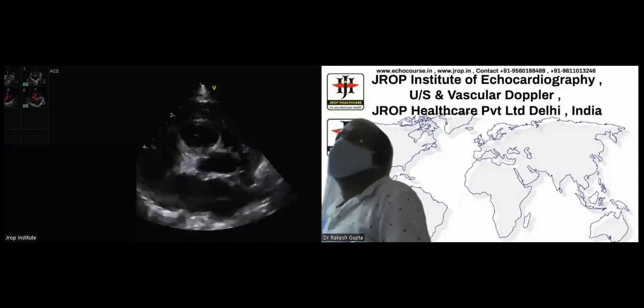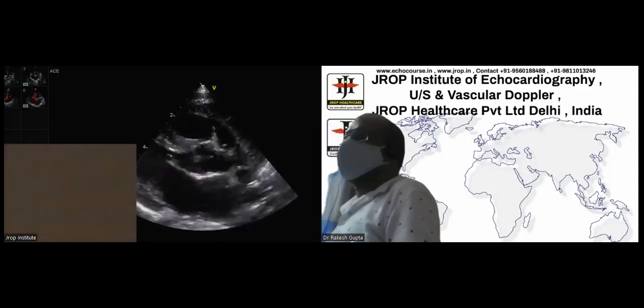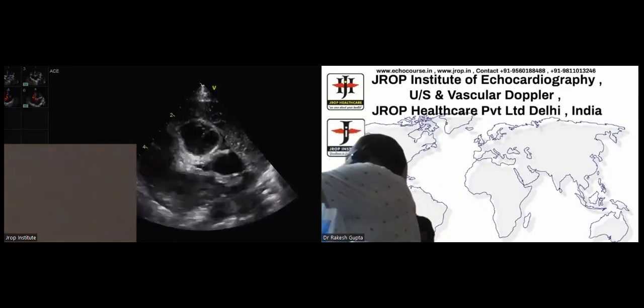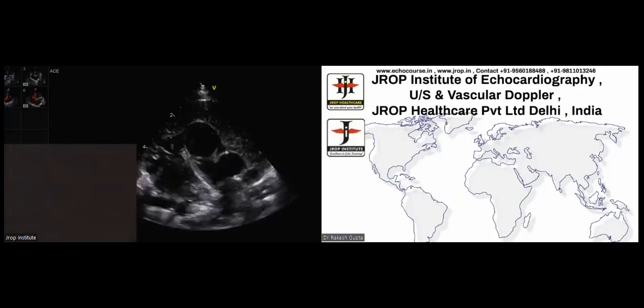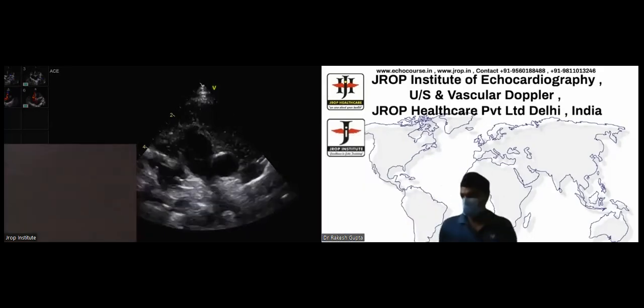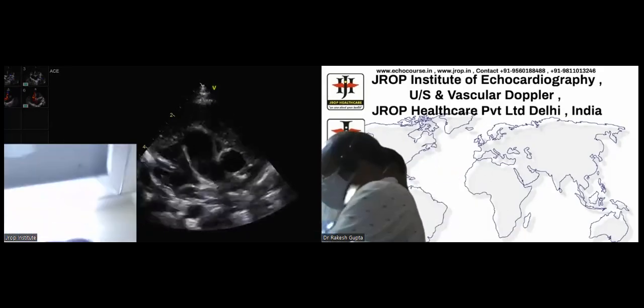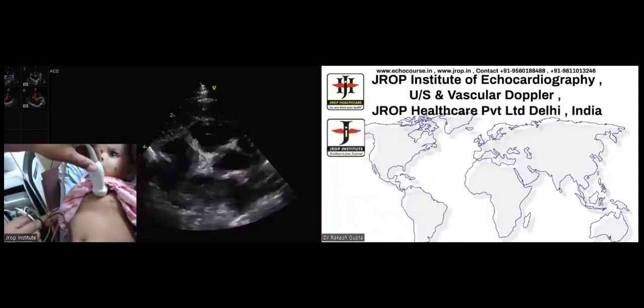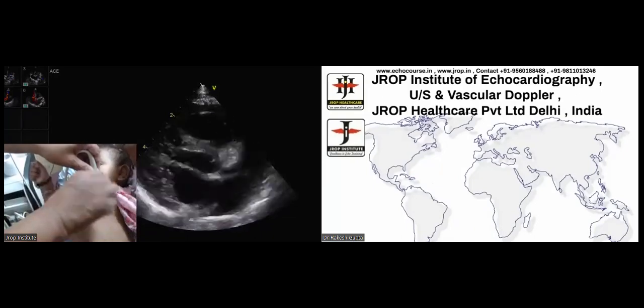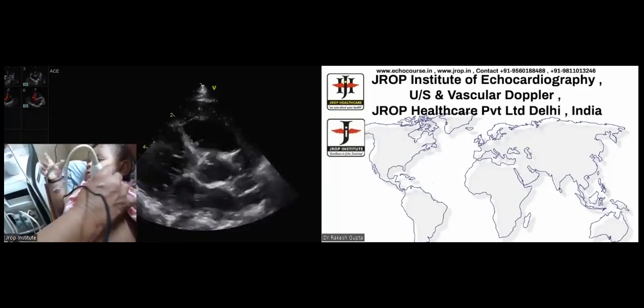Bring it over here. Now look at this window. I am in the parasternal window, correct?